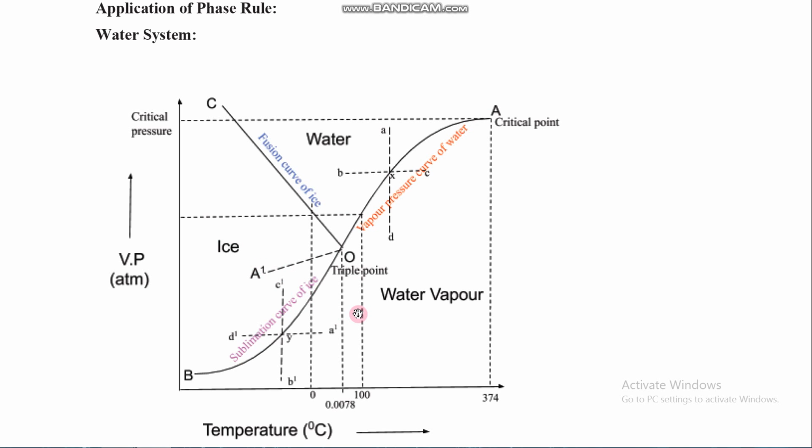If that supercooled water is in equilibrium with vapor water, then that possibility is shown by the dotted line OA dash. That metastable equilibrium has a higher pressure than that of the stable form. So this is the metastable equilibrium OA dash.